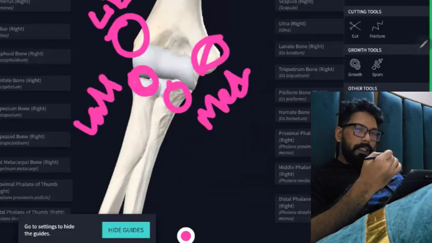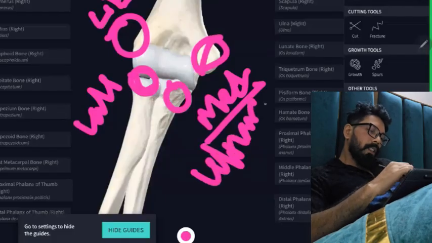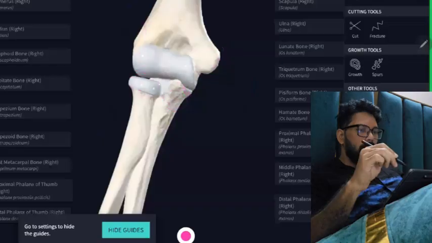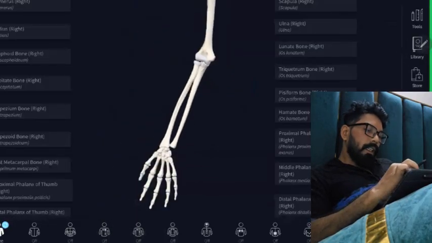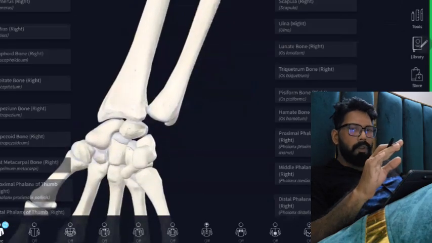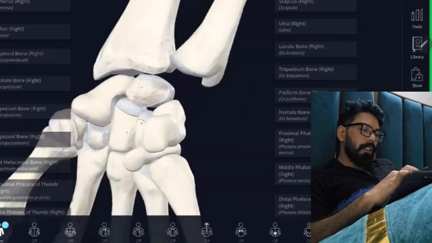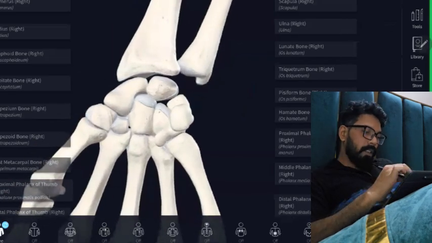The medial side is the ulnar side and the lateral side is the radial side, and they ask you questions like that, on the radial side, on the ulnar side. Then we go to the lower part. Do you need to know the parts and all these things? No, don't waste your time now, because there are a lot of important things you need to know, and it will take a lot of time if I tell you all of these things now.